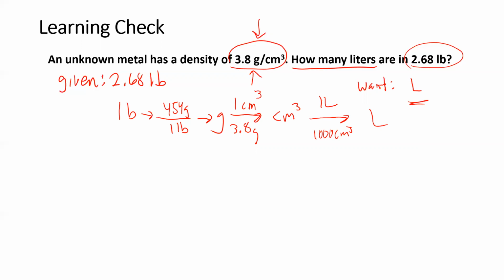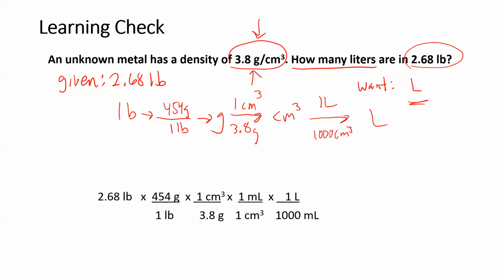That's the hard part with problem solving. Usually it takes students a while to do it. Once it clicks, but you are going to have to work to get it to click. And the only way to do that is by practicing problems. So here's my setup, 2.68 pounds. I see that the pounds cancel, I'm left with grams.